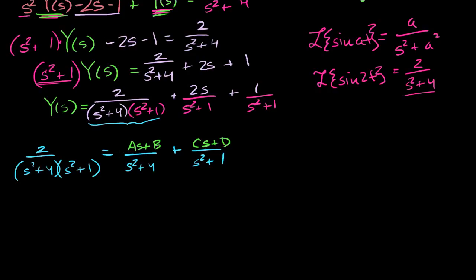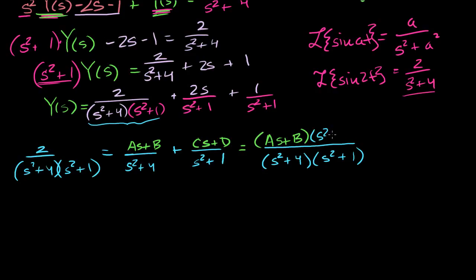If I were to start with these two and add them up, what do I get? My common denominator would be this thing again: s squared plus 4 times s squared plus 1. And now I'm going to have to multiply the as plus b times this s squared plus 1.